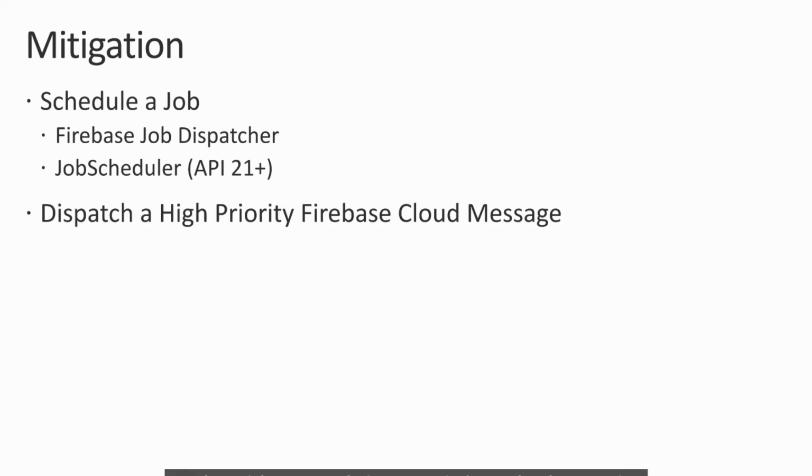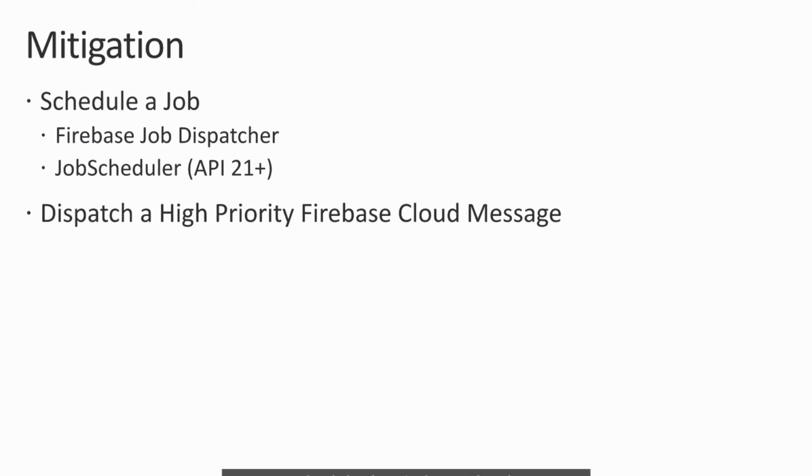Another trick you can do is to use Firebase Cloud Messaging. Now, when Android receives a high priority Firebase Cloud message that is targeting a given app, it will whitelist that app and allow it to start and run services in the background for a few minutes. So this can prove to be very handy.